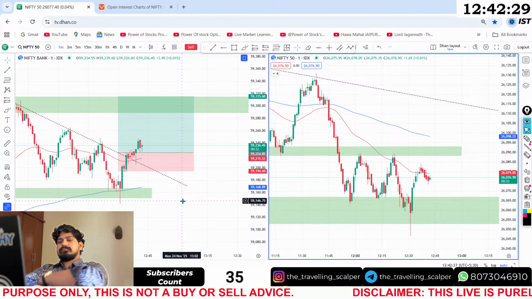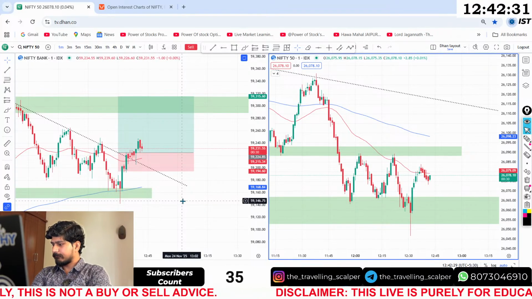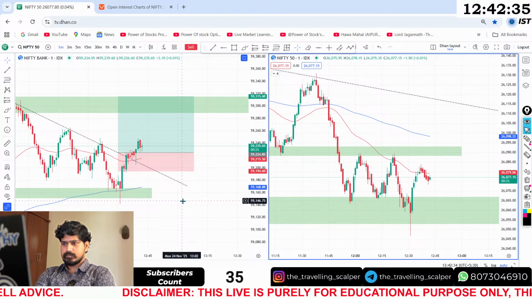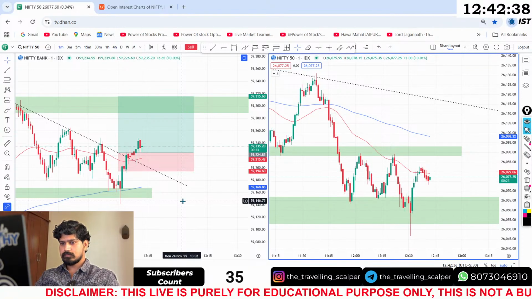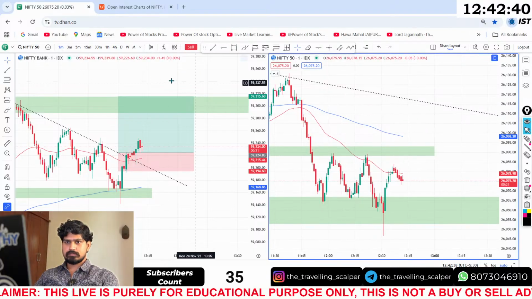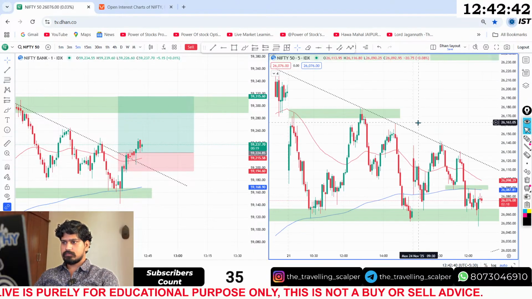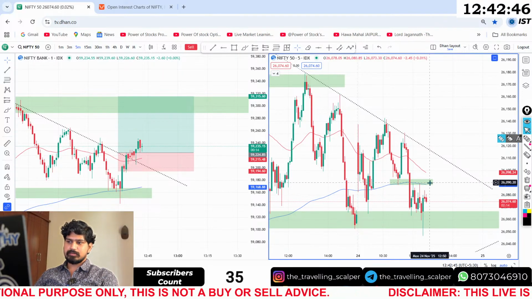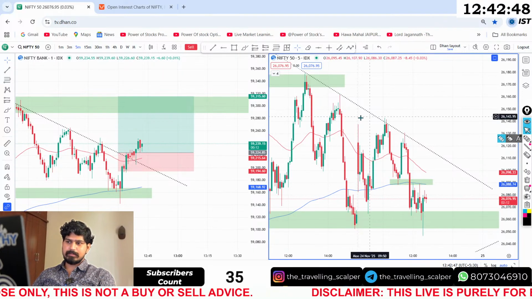Okay, let's see. Nifty 50. Okay, I want this level to be crossed. If this level is crossed, I'll be planning for an upside trade.